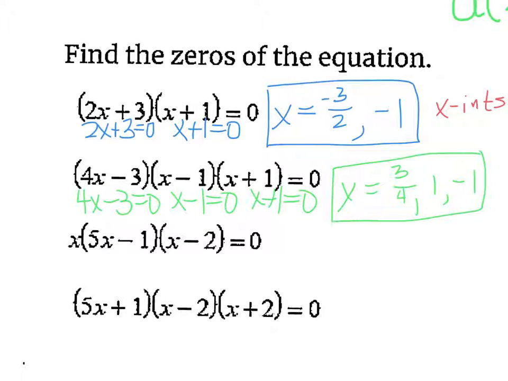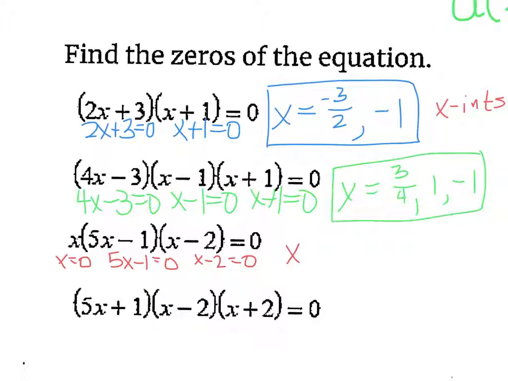On the third one, we have three factors again. We have x, 5x minus 1, and x minus 2, all equal to 0. And doing the same thing, we want to say that x is equal to 0, that 5x minus 1 is equal to 0, and x minus 2 is equal to 0.